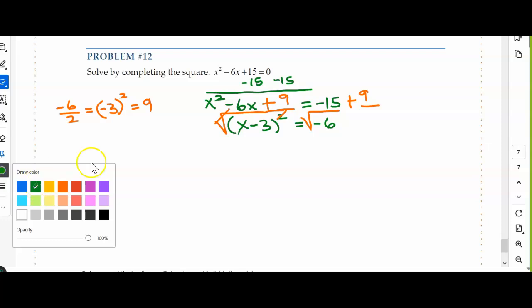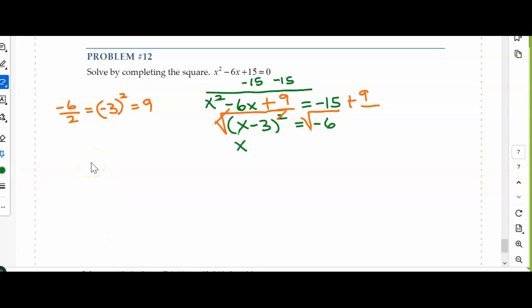On the left side, that's pretty much what we've done before. That becomes just x minus 3. But here, I've got a square root of a negative number. So I've got to change this to i. But again, I need to make sure I put that plus or minus sign. All right, so the square root of negative 1 is i.